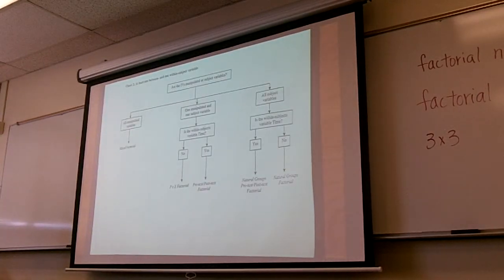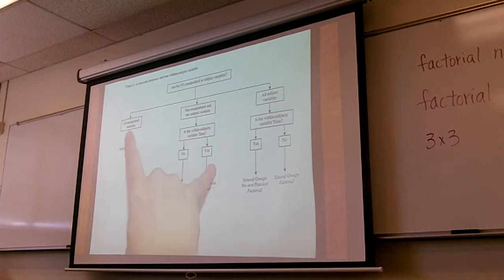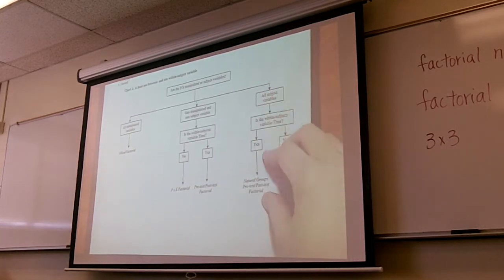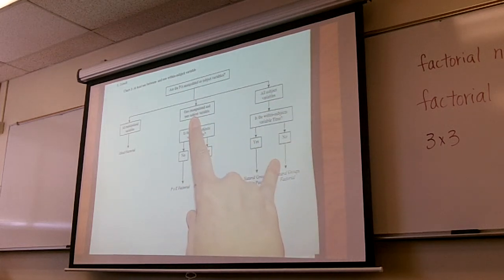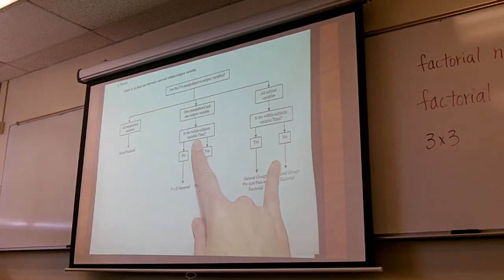All right, so we have a between subjects subject variable and a within subjects manipulated variable, right? Okay, so they're not all manipulated, so we can ignore this. They're not all subjects, so we can ignore this. So we're here in the middle. All right, we've got one manipulated variable and one subject variable. Is the within subject variable time? No. What's our within subject variable?